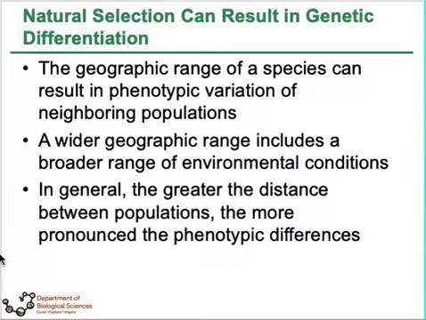Okay? So if there are barriers, for example, if you are aware in biogeography that there are invisible lines within Southeast Asia, which cause the formation of different species, for example, unique species of Indonesia, unique species in the Philippines.